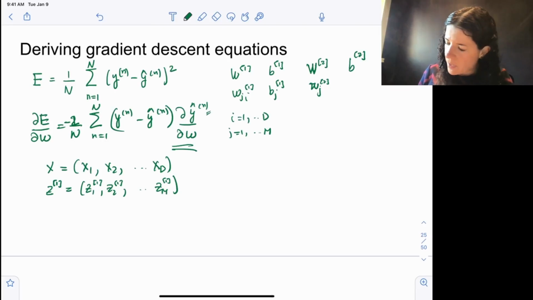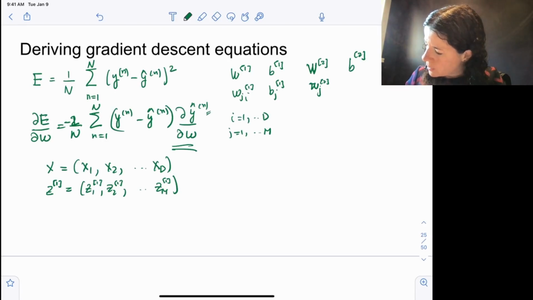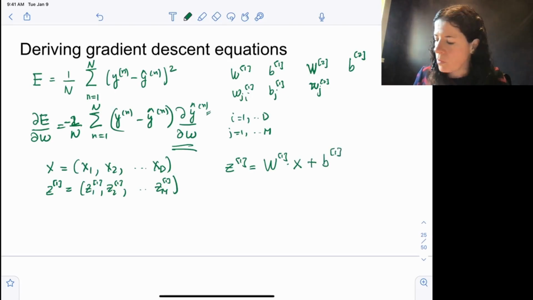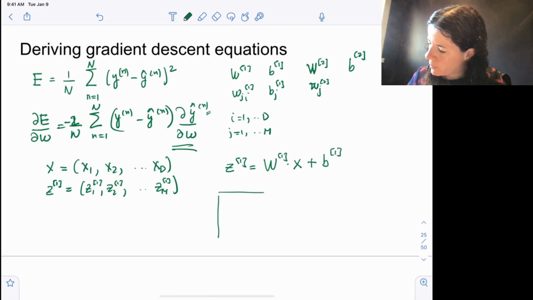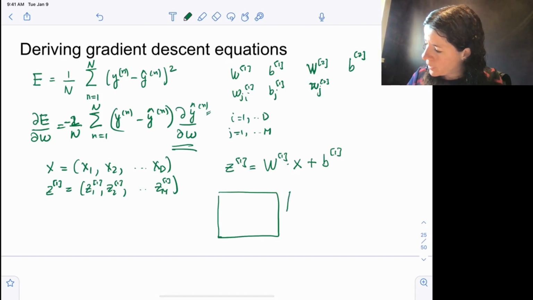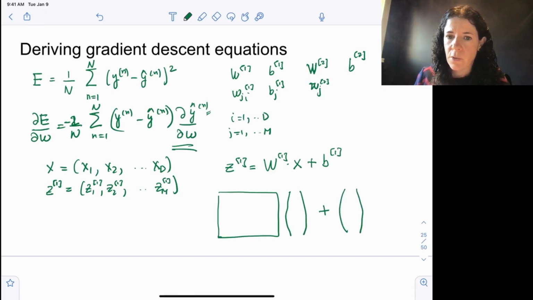And if you remember, the equation is like this: z1 is equal to W1 times x plus b1. Okay, so the way to draw it is that we have a matrix W1, and we're going to multiply that by a vector x, and we're going to add b.